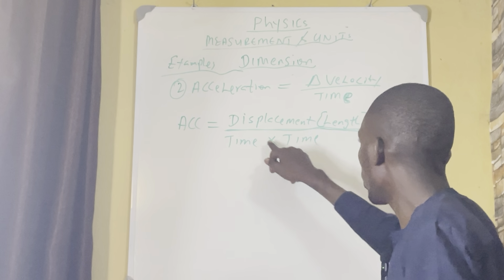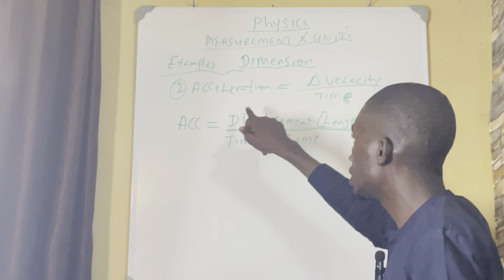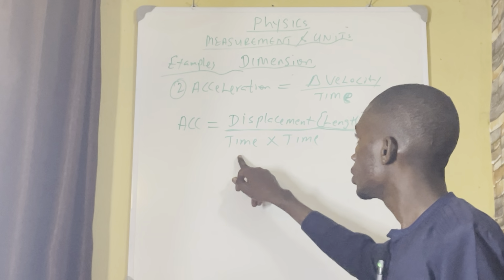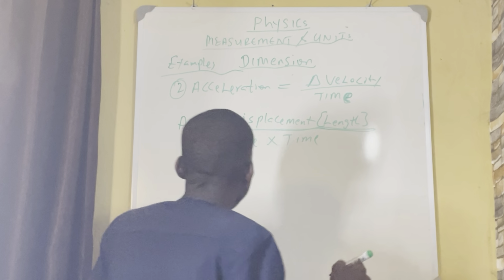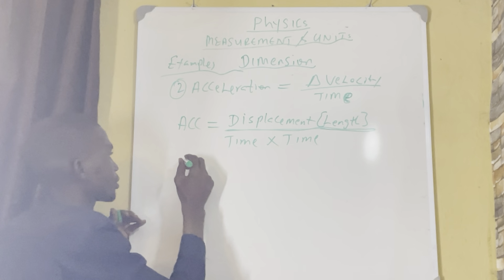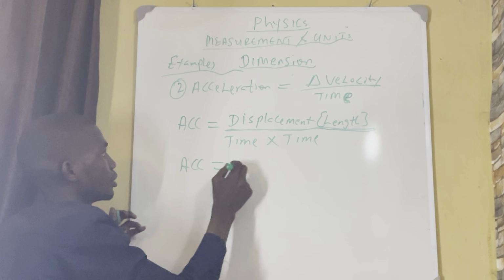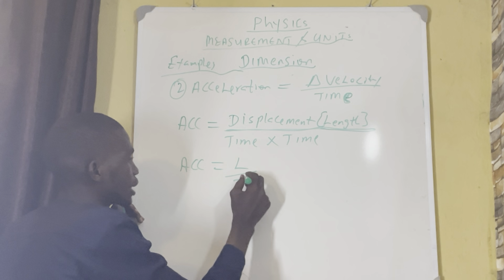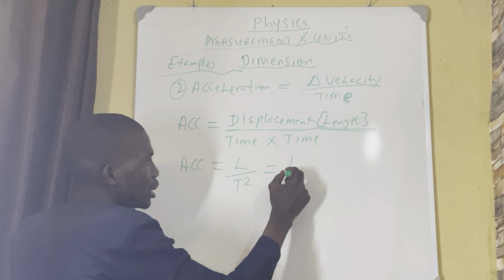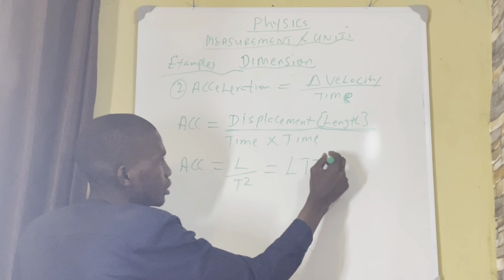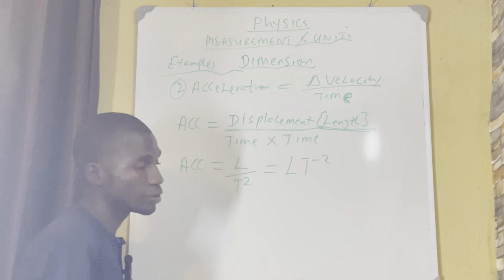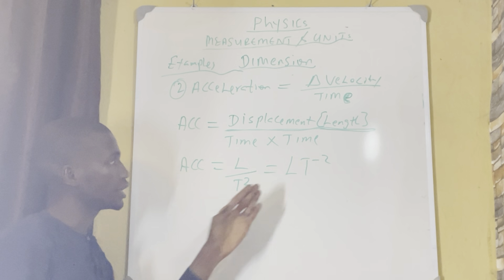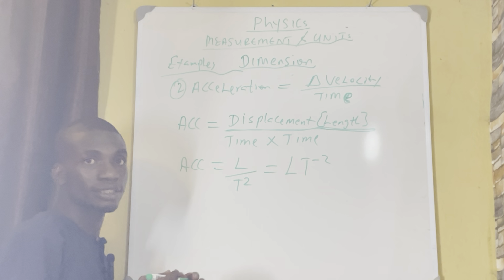So now our acceleration is length over time squared, which is equal to L T to the power minus 2. This is our dimension. This is what we mean by dimension.